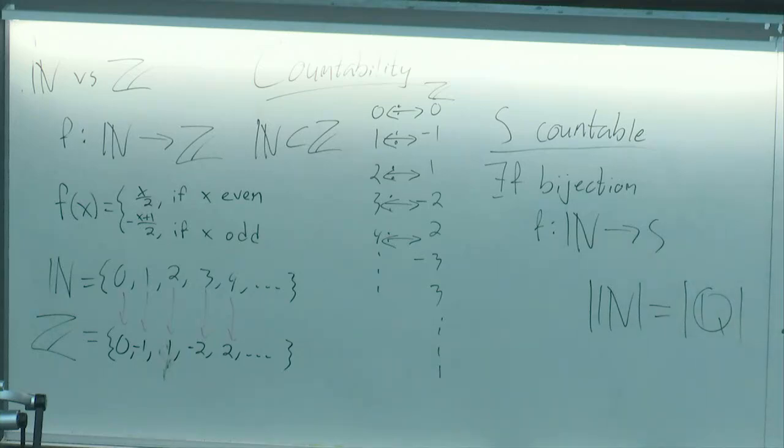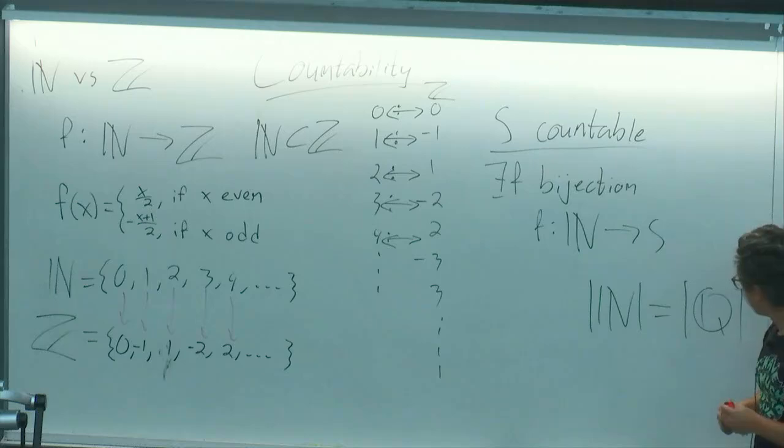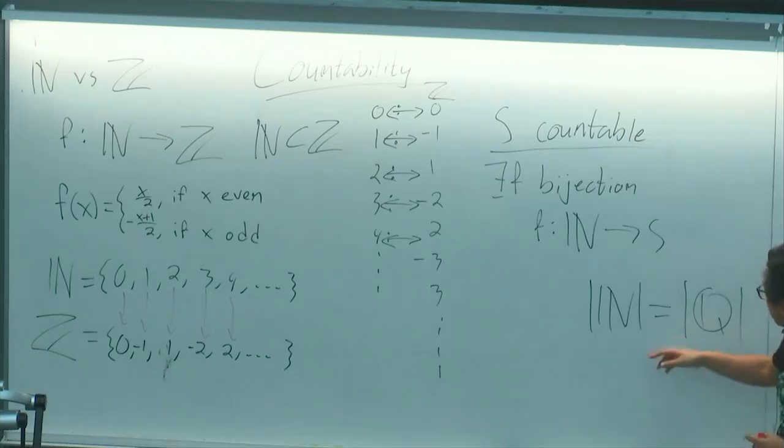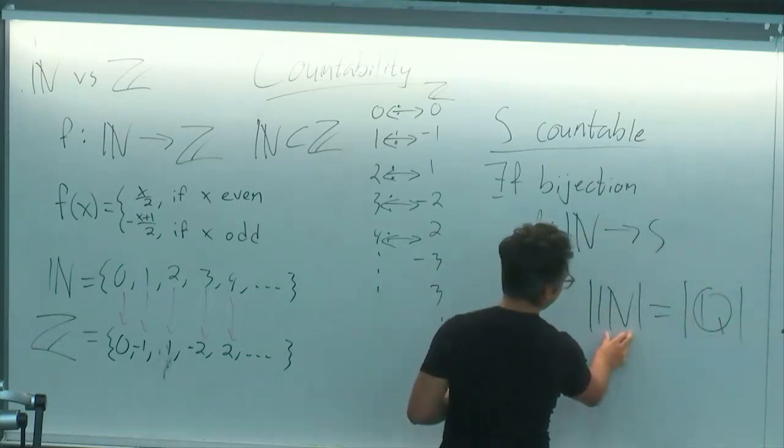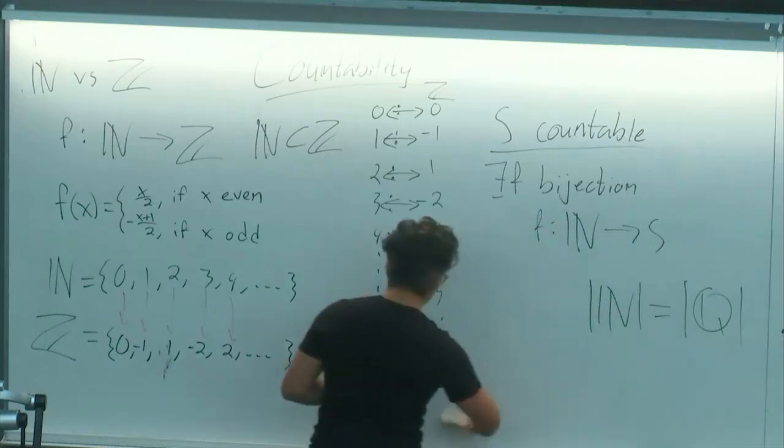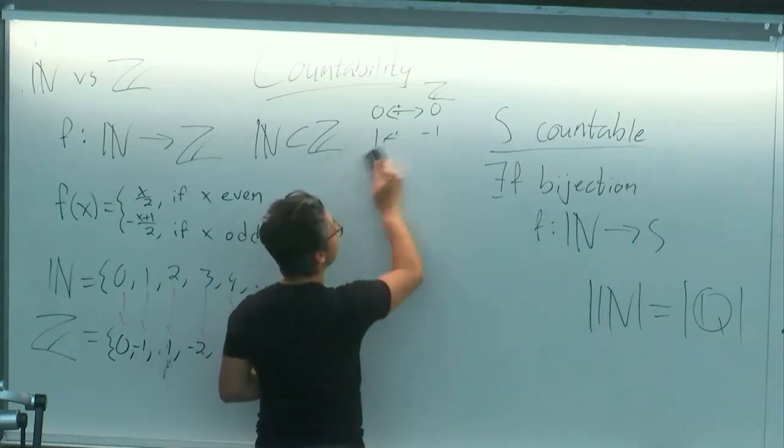I'm sorry we don't have enough time to see how surprising that is, to lead up to it. But the rationals, there seems to be a lot of those. They're dense. But you can make a mapping from the naturals to the rationals.